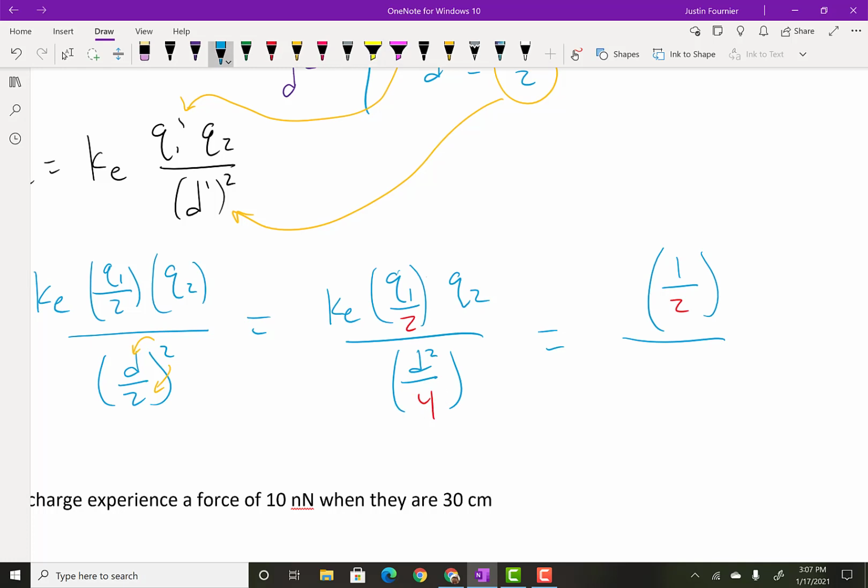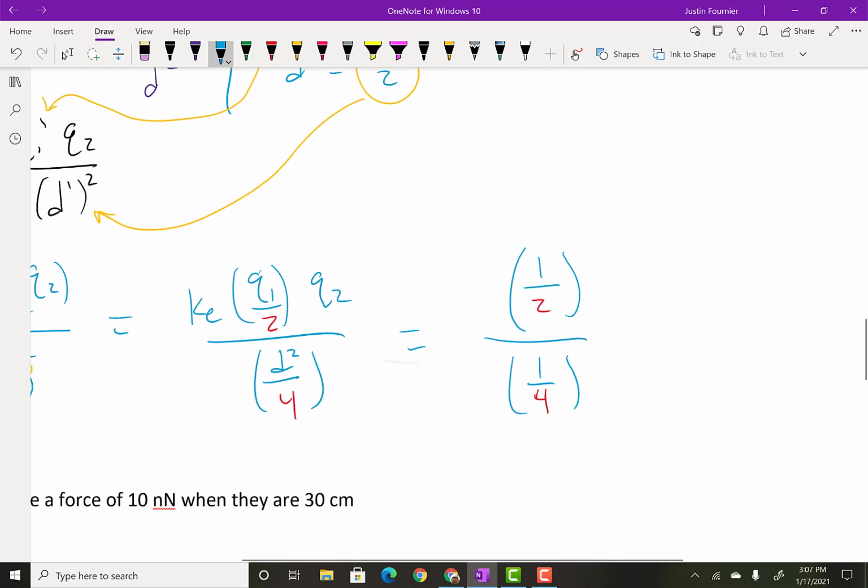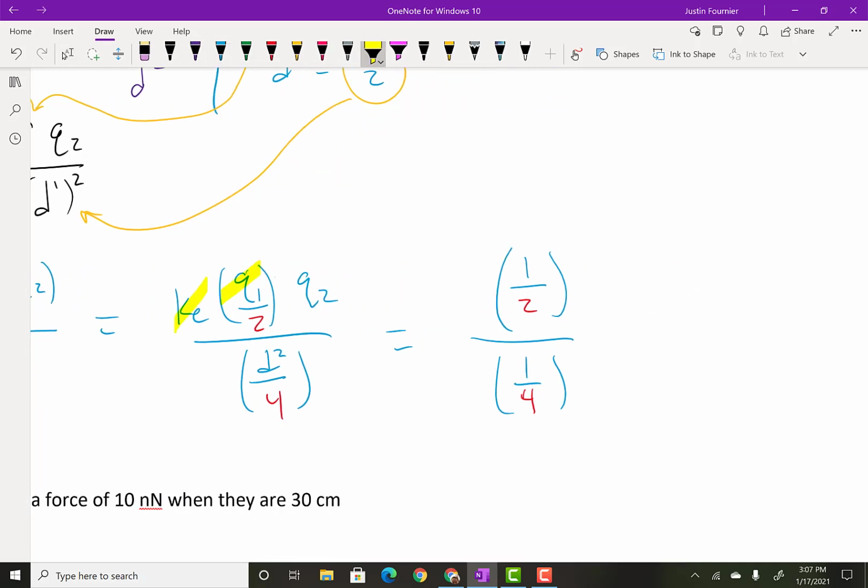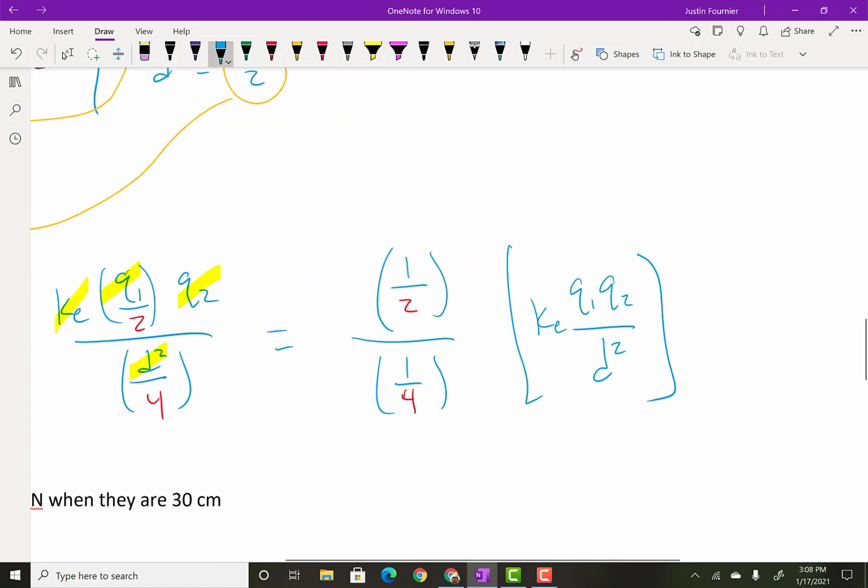So that's what's going to get pulled out there. And what's left over on this right side is K_E Q1 Q2 and D squared. Those are all the original ones. So there's all that. 1/2 divided by 1/4 is actually going to be 1/8. You can plug that into your calculator if you want to.